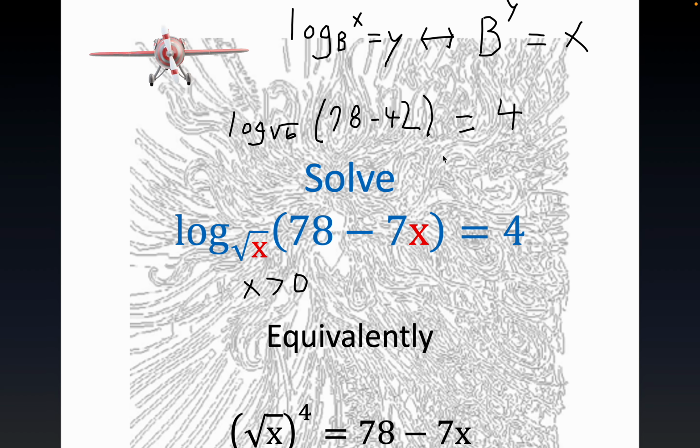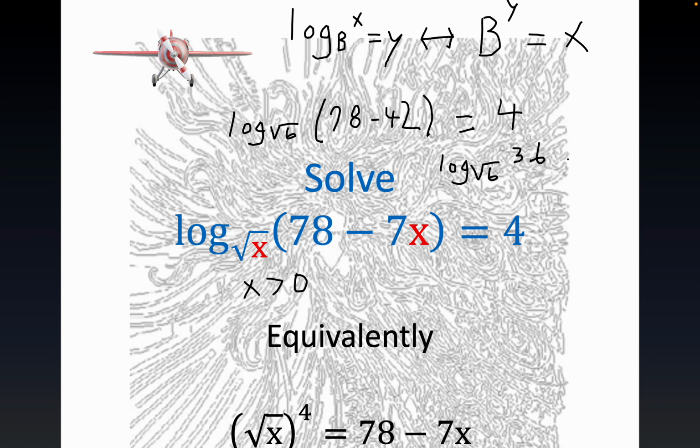Because this is really just a different set of symbols to say something that we've already talked about. 78 minus 42 is 36.